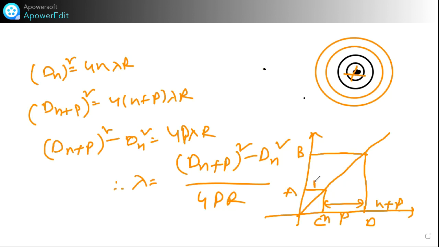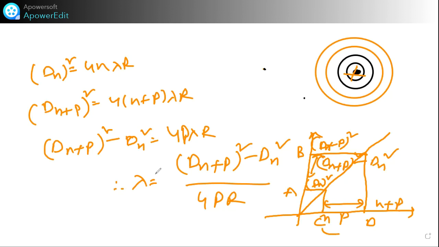This separation is D(n+p) square minus Dn square. From this graph, this AB length is D(n+p) square minus Dn square, and this gap CD is p.